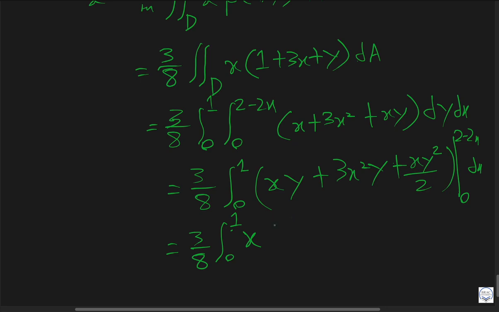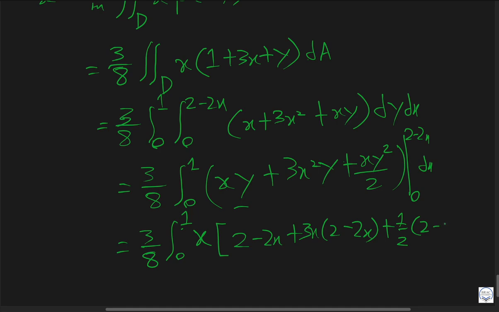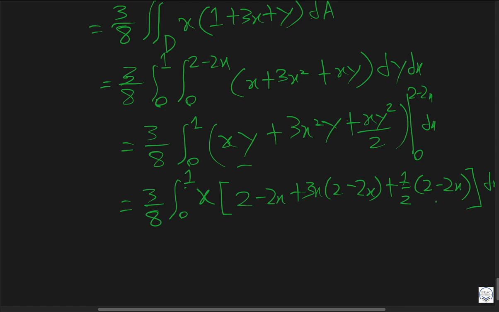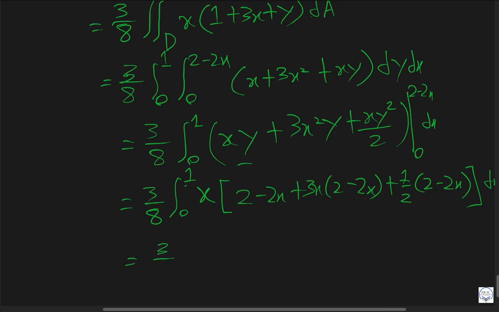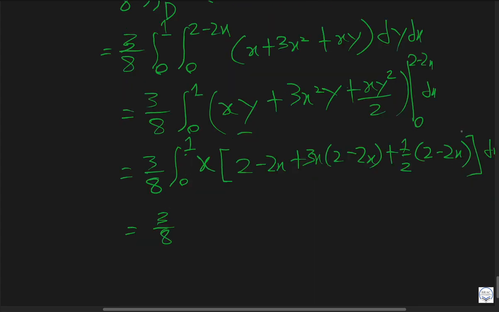So we got an x common here. 2 minus twice x coming from y plus 3x times 2 minus twice x plus half, because we took x as common, 2 minus twice x times dx. Sorry, that would be squared. This is a y squared.